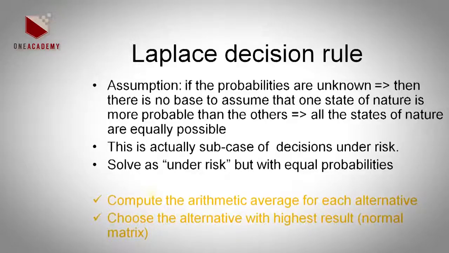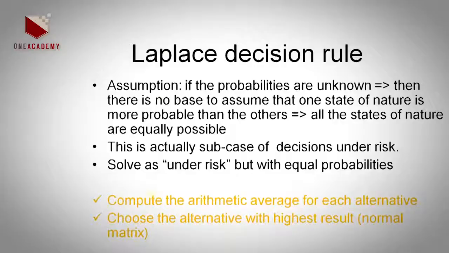And he said, since we don't know any of the probabilities, since we are under risk and uncertainty, we don't have probabilities for the states of nature, then there is no base to assume that one state of nature is more probable than the others. So we don't know them, which means that we cannot assume that one is more probable than the others.